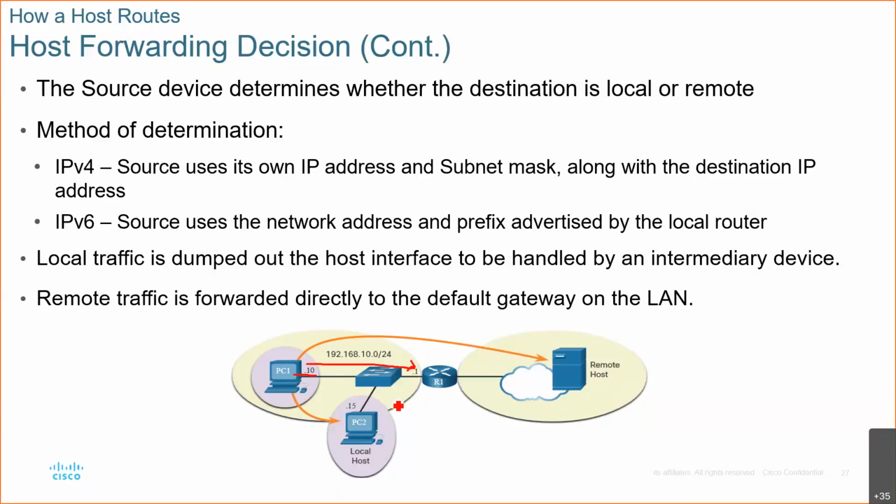So the moment it goes inside this switch, it looks at the MAC table and sees there's no such device. That means whenever you don't find a device in the local, just send it to the 192.168.10.1. Let this take care of it. That's not our problem. So everything which is remote goes to this router.